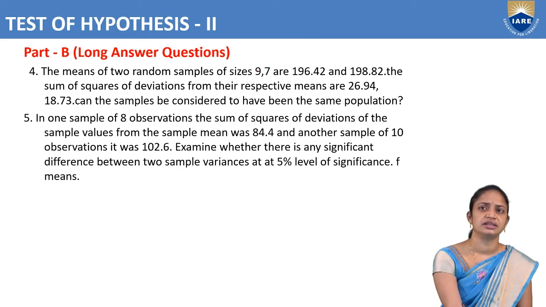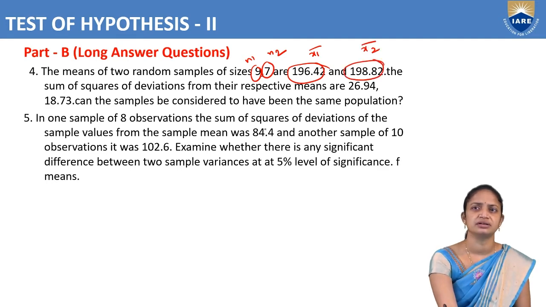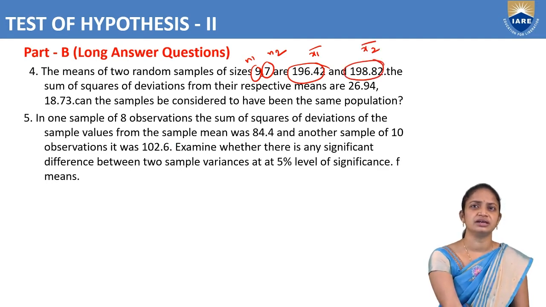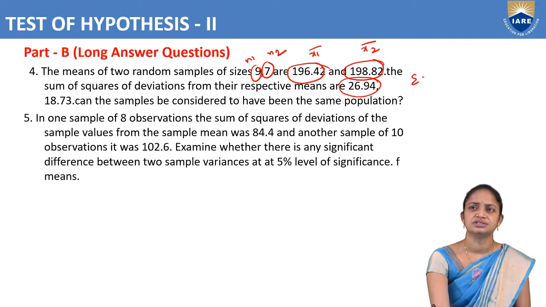So here they have given the sample sizes, n1 and n2, and the means, x1 bar and x2 bar. They have given the sum of squares of deviations from the means: summation xi minus x1 bar whole square equal to 26.94, and summation xi minus x2 bar whole square equal to 18.73.